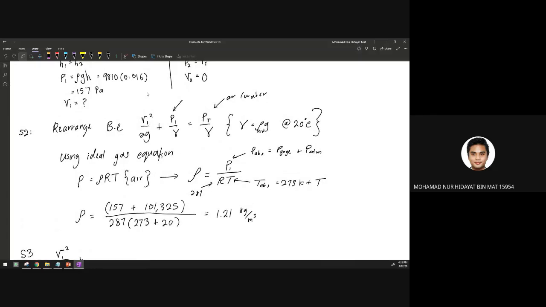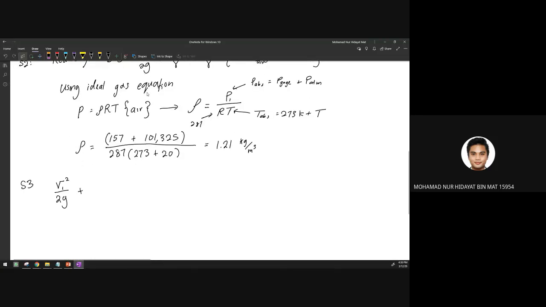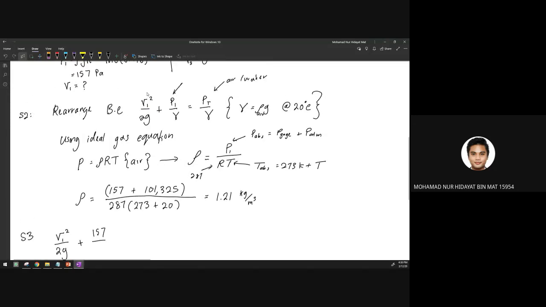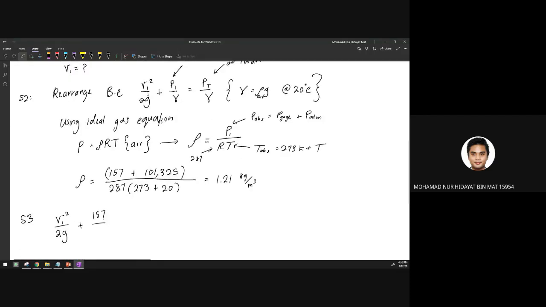You have to use the gauge pressure, P gauge, the one that you got earlier, 157 over rho g.